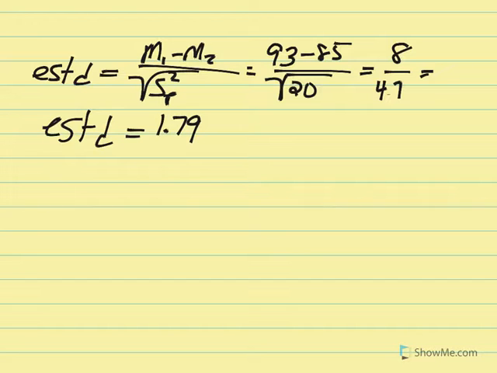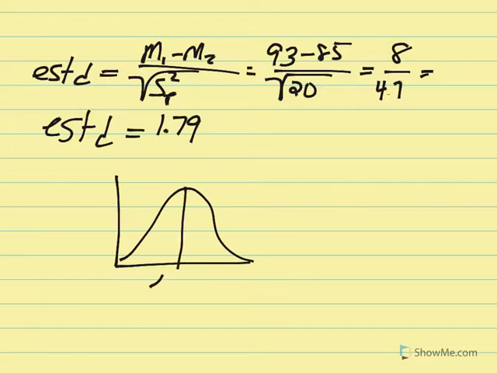And what does that mean? Well, what we're saying is, if we have the population of those who watched, so again, represented by sample 2, or population 2, again, these are those who did not watch.